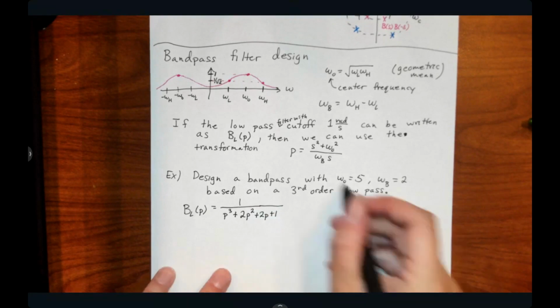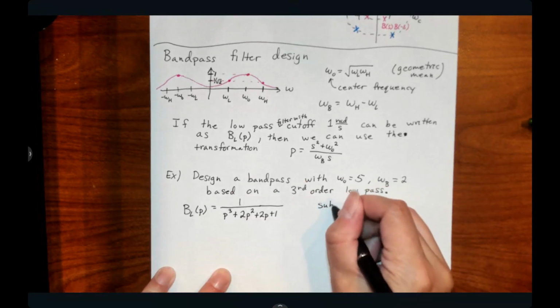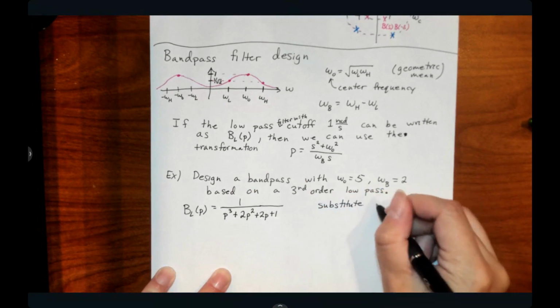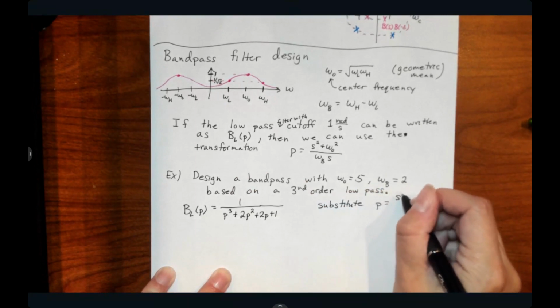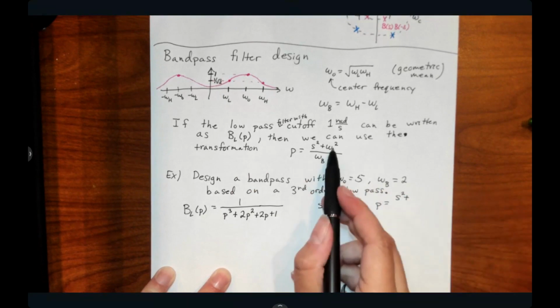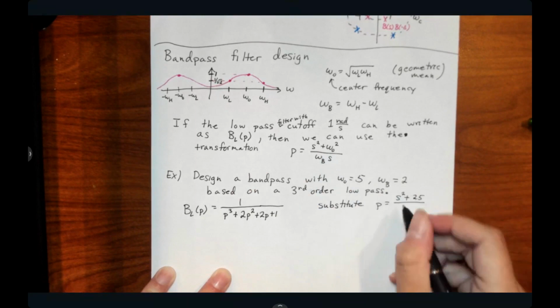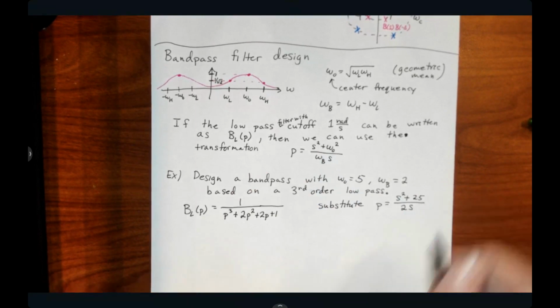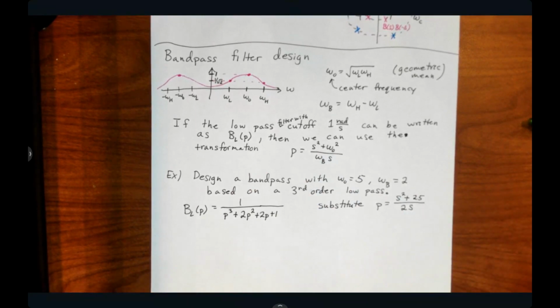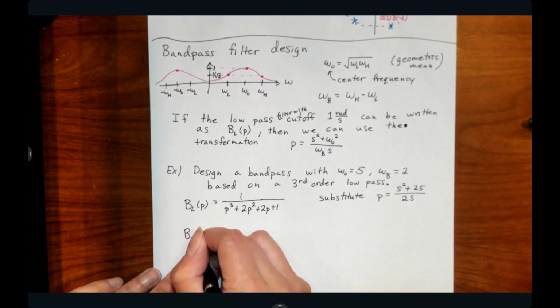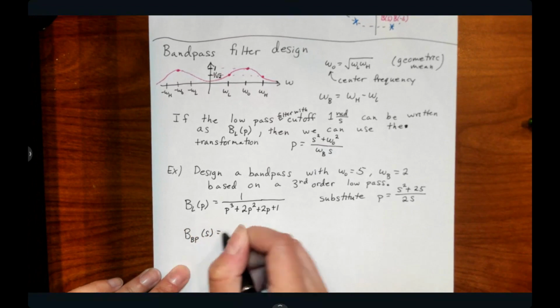And so now to get this bandpass filter, I'm going to substitute in for P: S squared plus omega 0 squared, which is 25, over omega B times S, where omega B is 2. And so then I can get my bandpass filter.